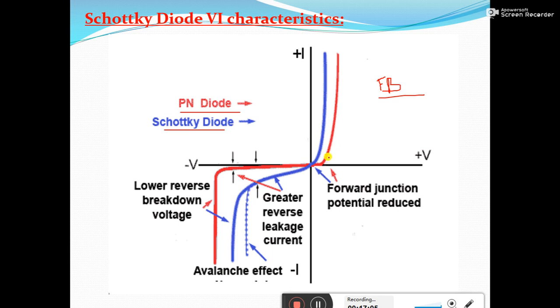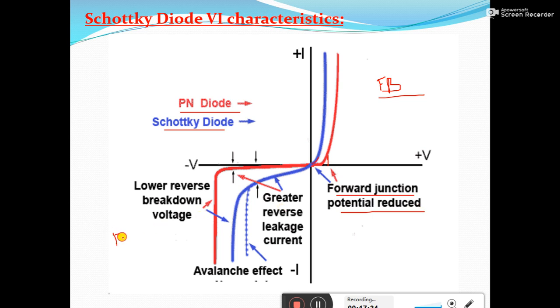Let's say the cut-in voltage is somewhere here, but for the Schottky diode, since it is a hot carrier diode, the forward junction potential is going to reduce. For a normal PN junction diode, the cut-in voltage is at a higher voltage, but for the Schottky diode, it is at a lower voltage.